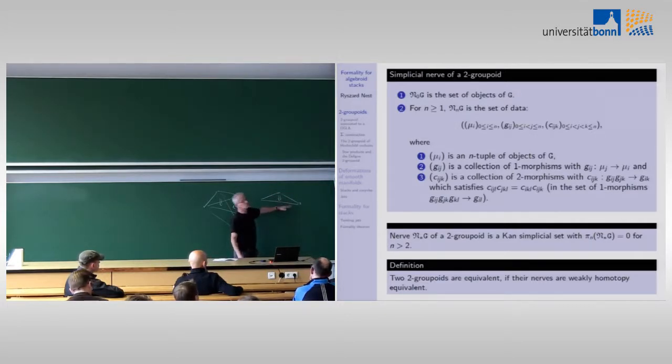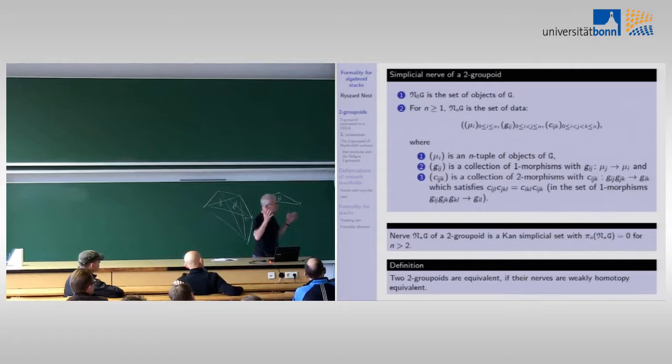And the whole system has to be consistent when you have more of them. And this last condition number 3 just says we have a consistency between all these different two morphisms, so over gluing of compositions and diagonals.